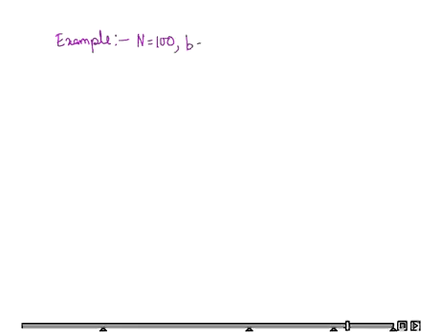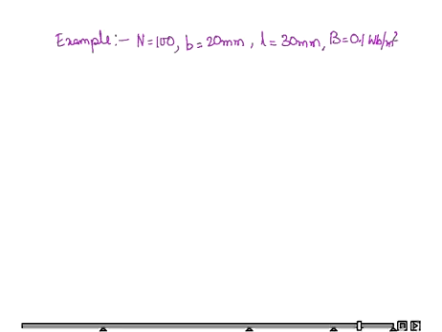So b is given, it is 20 mm, and L is given, it is 30 mm. The flux density in the air gap is 0.1 Weber per meter square. That means capital B is given, 0.1 Weber per meter square.